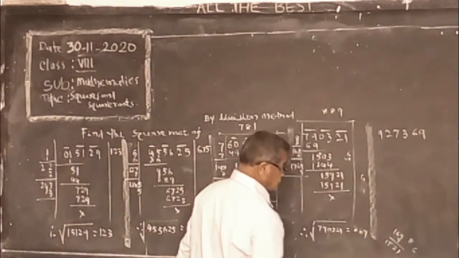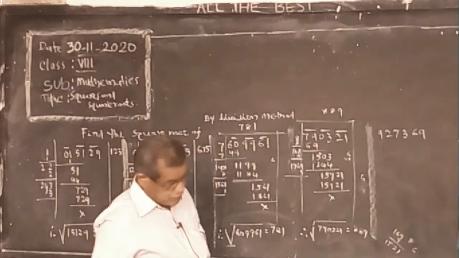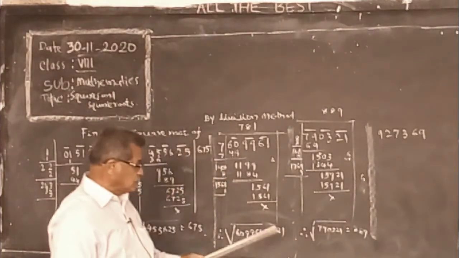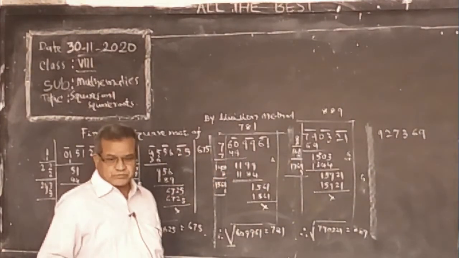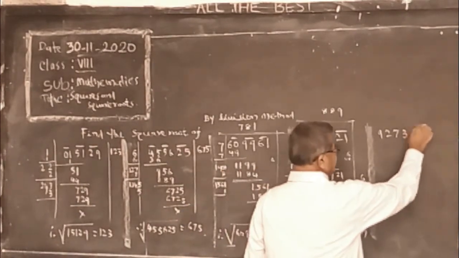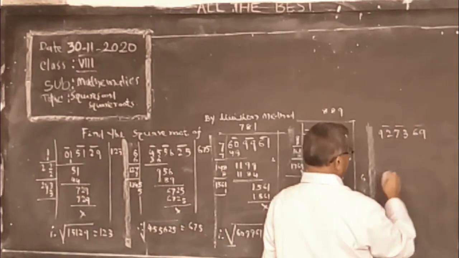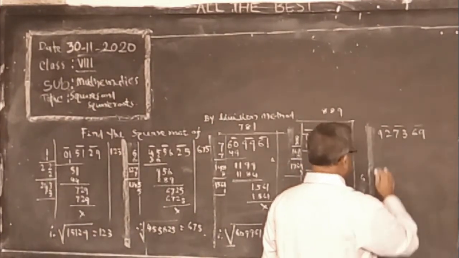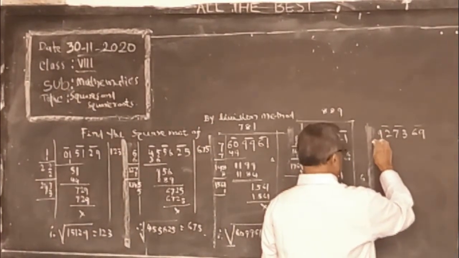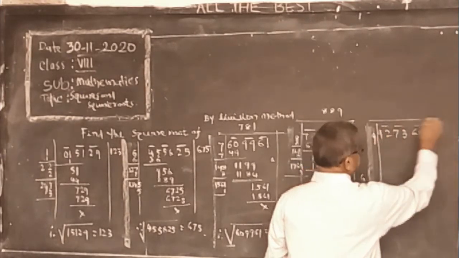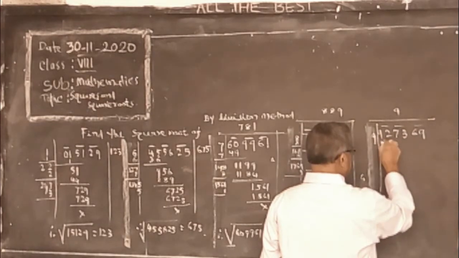Half. We get 3 pairs. The number of digits in the square root is 3. Now, similarly, you do this. 9 9s are 81. 9 9s are 81.